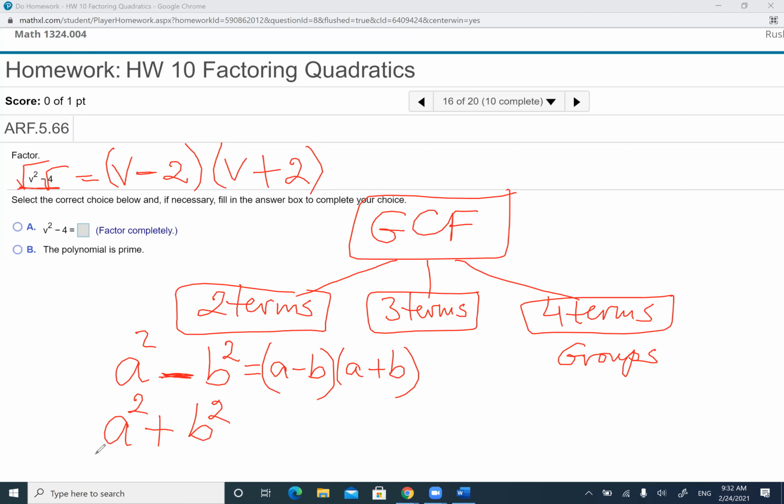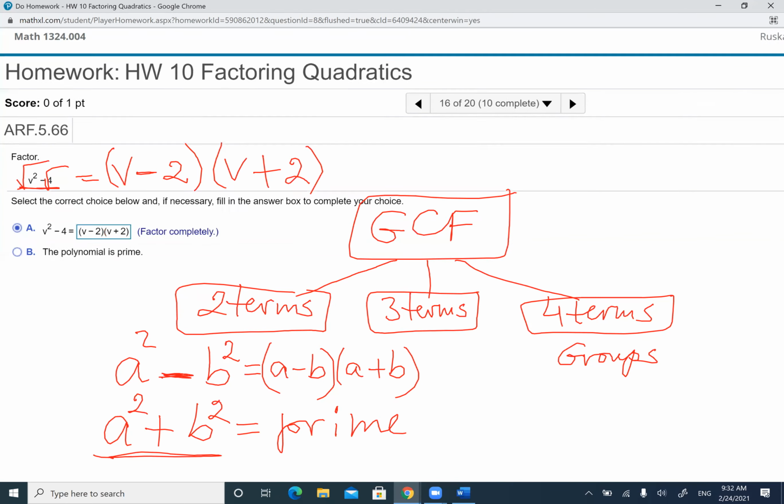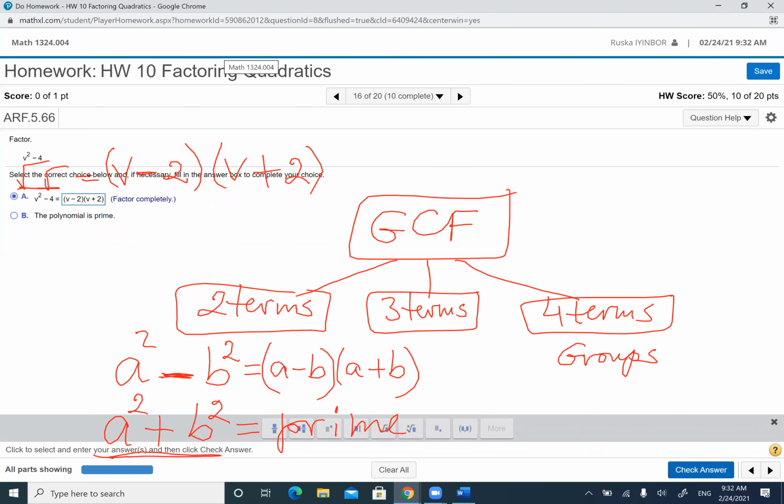If you have plus in the middle, it's a prime. You can't factor it. So these are the methods of factoring. Everybody understand that? So I'm going to put parentheses v minus 2 and v plus 2. That's it. You got it?